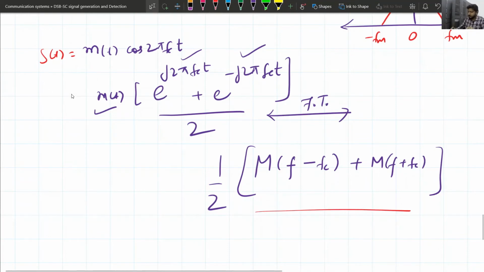So this is nothing but S(f), the frequency domain representation of the DSB-SC modulated wave.